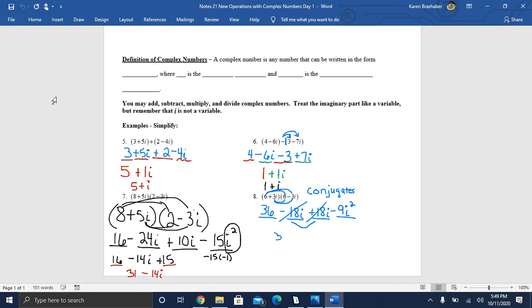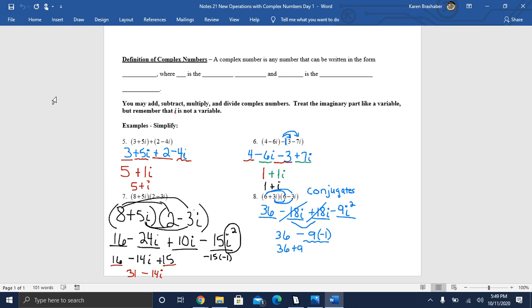So then we have 36 minus 9, and then i squared is, remember, negative 1. So you have 36, and then, now remember, order of operations, we should do negative 9 times negative 1. And so that's going to become positive 9.